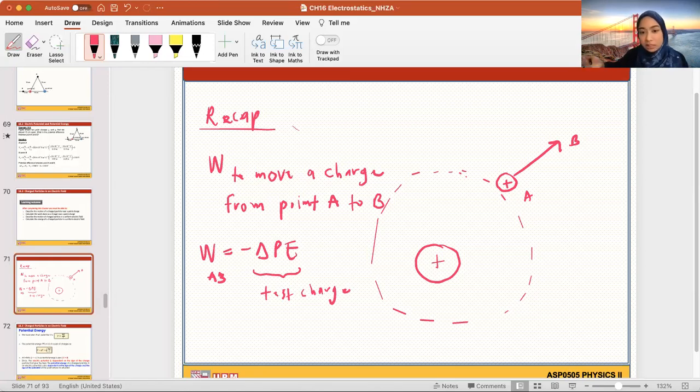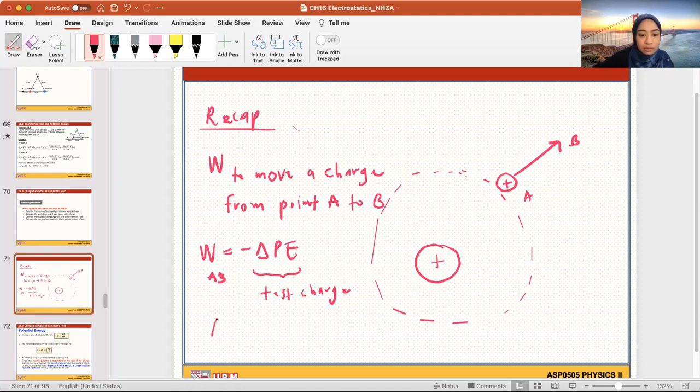If potential energy decreases for that charge, then the work done is going to be positive. So we have this equation, W equals minus delta PE, and we use it many times in different forms.